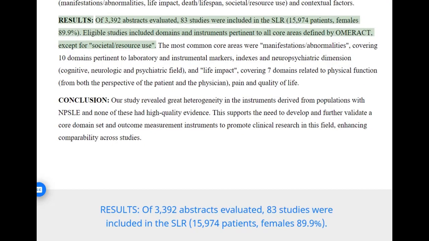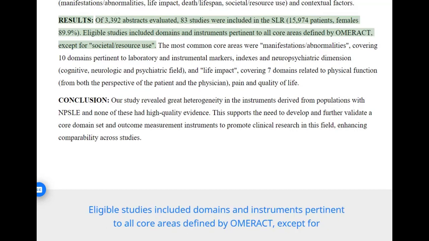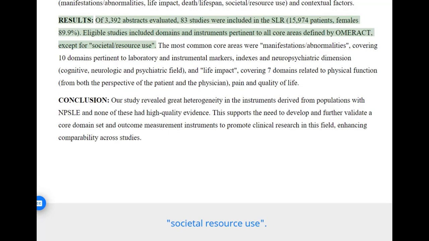Results: of 3,392 abstracts evaluated, 83 studies were included in the SLR, 15,974 patients, females 89.9%. Eligible studies included domains and instruments pertinent to all core areas defined by OMERACT, except for societal resource use.